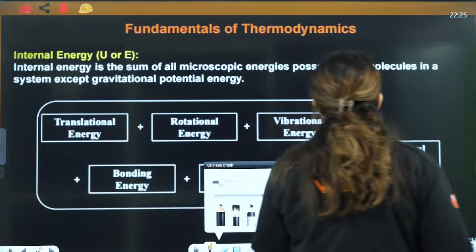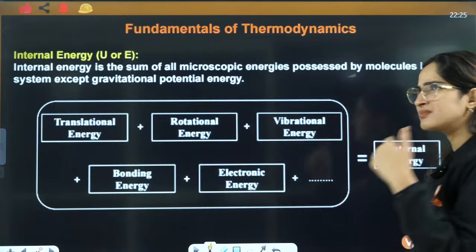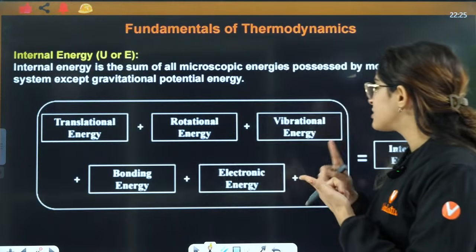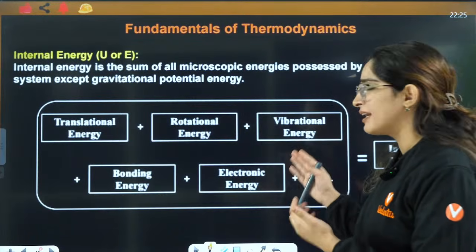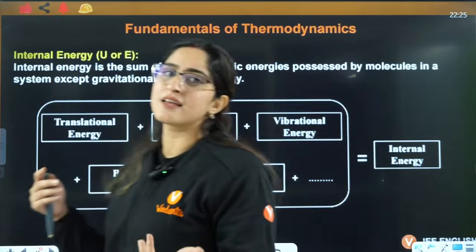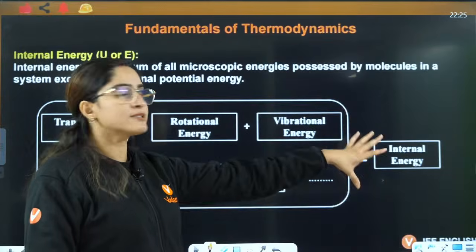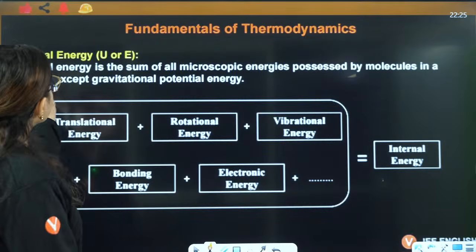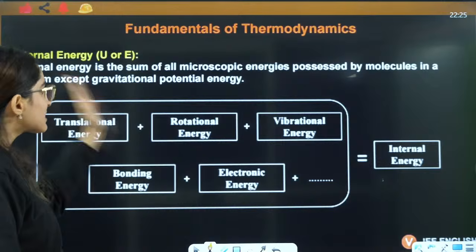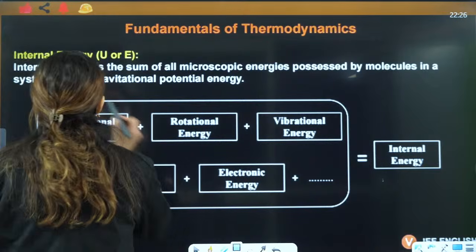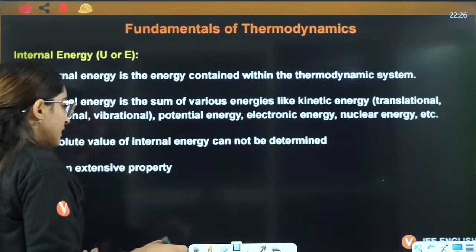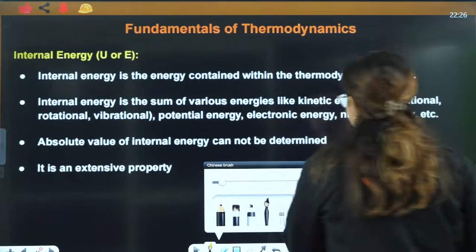In the case of internal energy, all the energies that are there in the system, be it translational, rotational, vibrational, bonding, electronic, any other kind of kinetic or potential, all these energies make up internal energy. It is the sum of microscopic energies possessed by molecules in a system, except gravitational potential energy, that is not in it. Other energies are there in the internal energy itself.